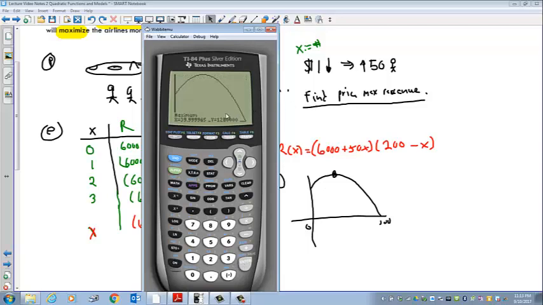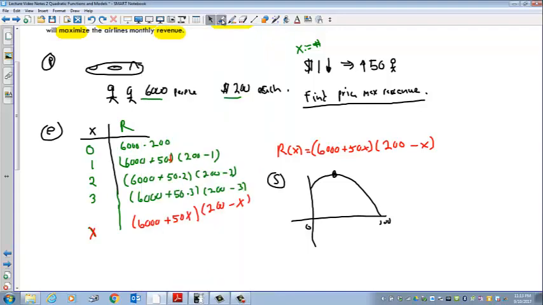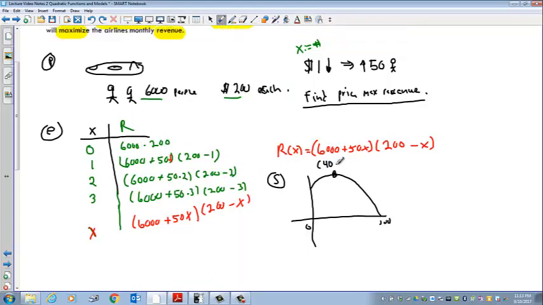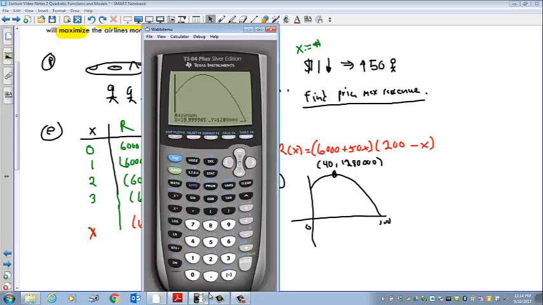So it looks like my answer is x is equal to 40, and then this is 1,280,000. So here you have 40, comma, 1,280,000. Looks like that was the answer I came up with.